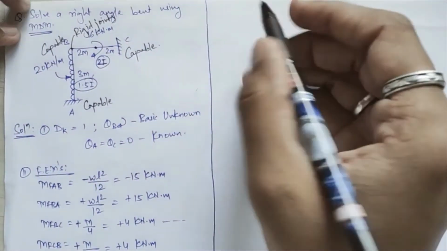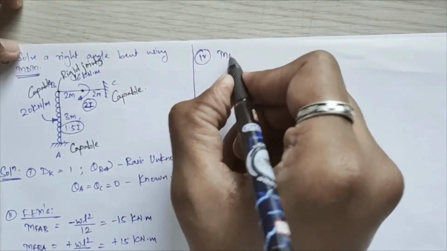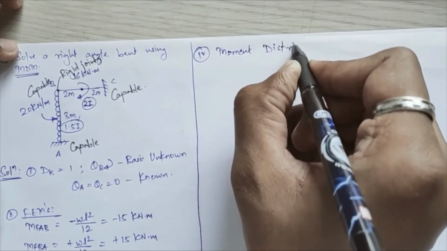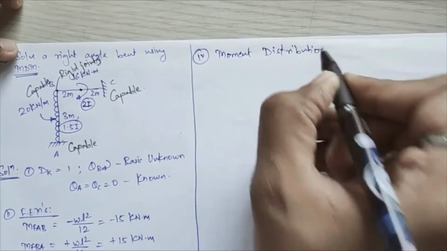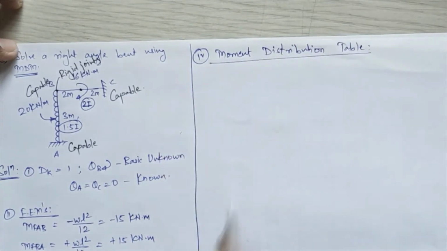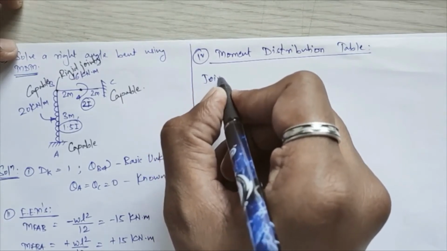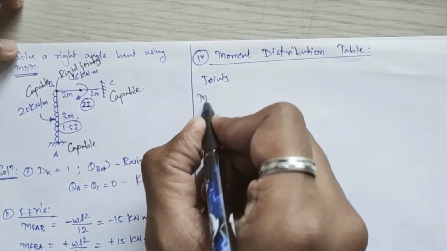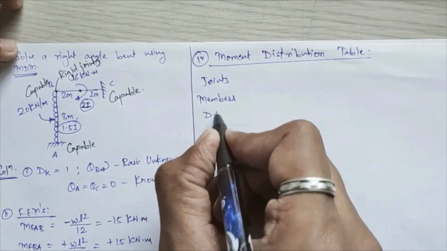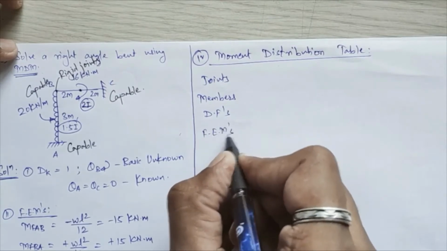Now after this we'll move to the next step, that is step number 4, the moment distribution table. In the moment distribution table I have told you the first 4 rows are common: first is the joints, second is the members meeting at this joint, third is the distribution factors, and the fourth row is the calculation of fixed end moments.